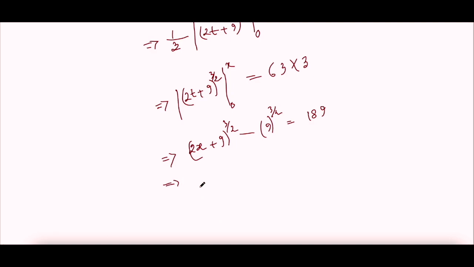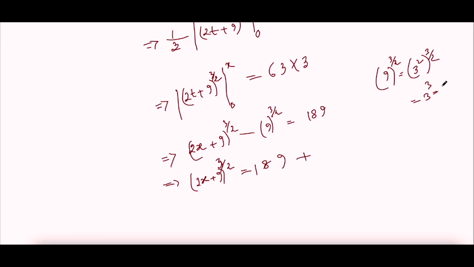This implies (2x plus 9) whole to the power 3 by 2 is equal to 189 plus, what will be this? 9 to the power 3 by 2 equals 3 square to the power 3 by 2, which is 3 to the power 3, which is 27, right?